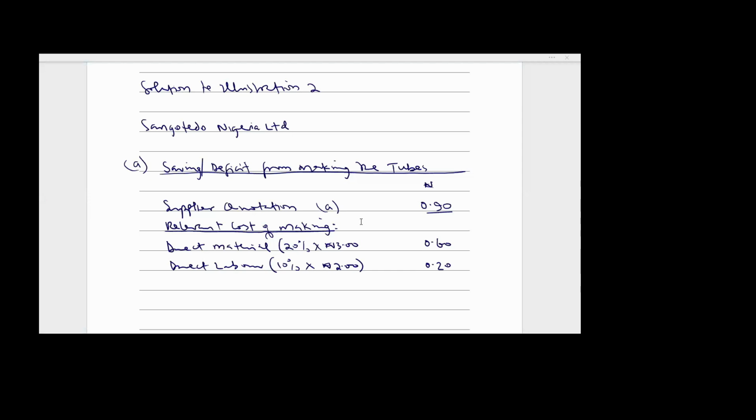Overheads are divided into two: variable overhead and fixed overhead, and only the variable overhead is relevant. The fixed overhead is not relevant. So in this question, the examiner has given you total overhead of 1 naira 50 kobo. If there is no additional information in the question, the total overhead is irrelevant, you ignore it.